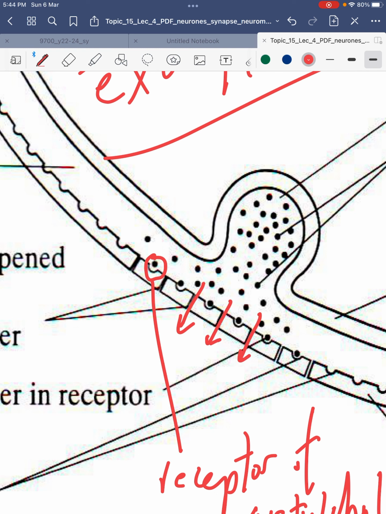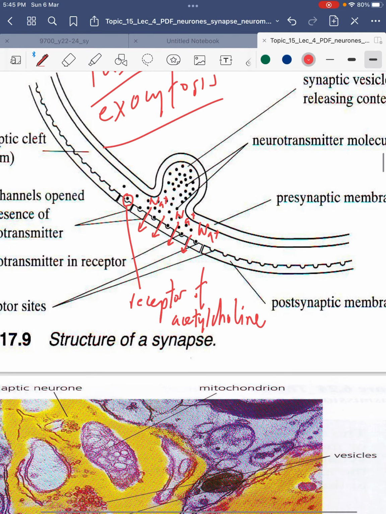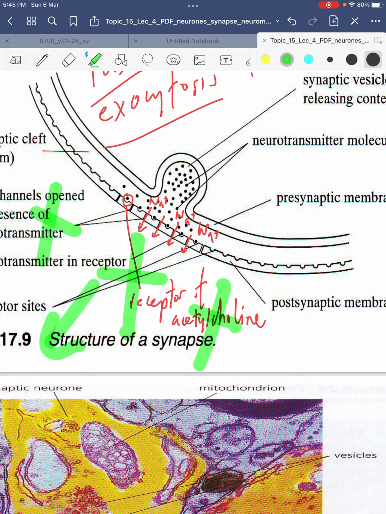So when sodium channels are open, the sodium will enter. This is the next event. And so when the sodium enters, depolarization will occur in the next segment here, which is in the postsynaptic neuron, whereby the inside will become positive compared to outside. So an action potential will occur. A nerve impulse will occur in the postsynaptic neuron.